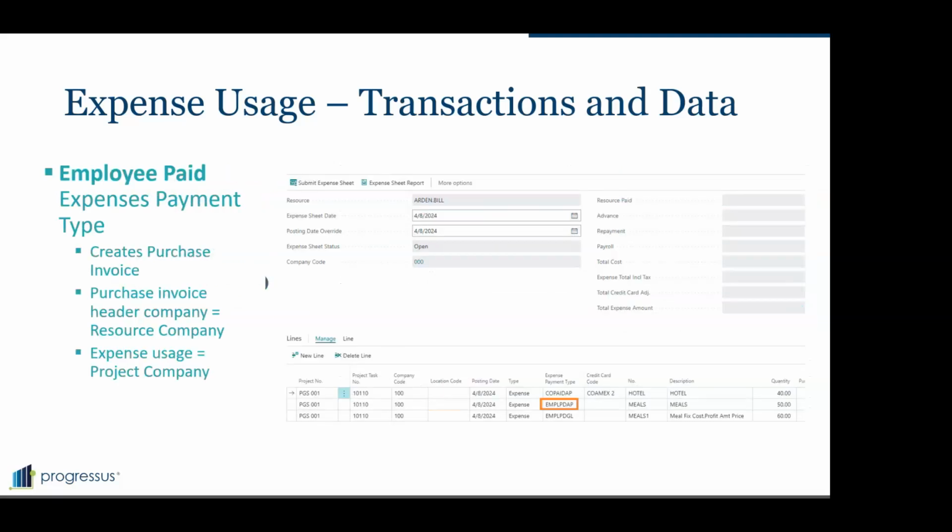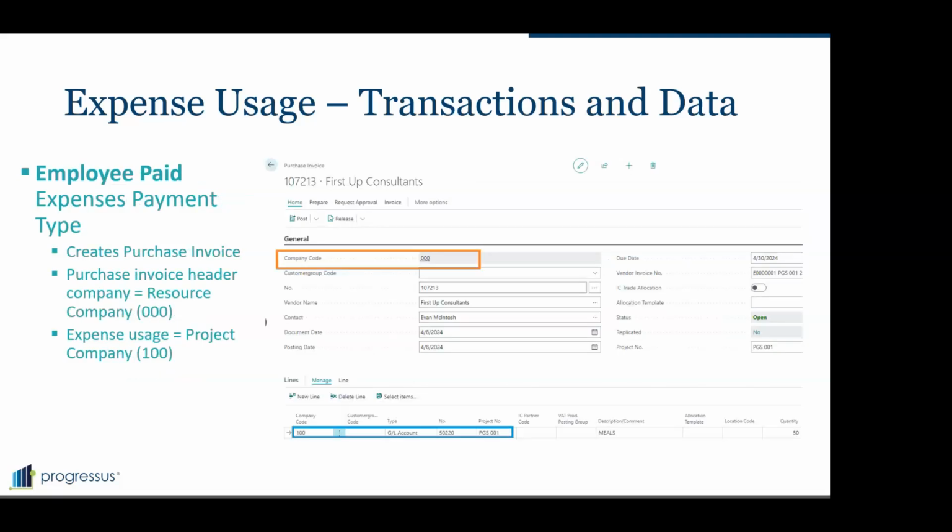However, when it is an employee paid expense report, meaning a purchase document will be created to the employee from the expense report, then we have to determine how the purchase invoice will be created and with which companies. The purchase header will have the resource company, and the expense line will always have the project company.